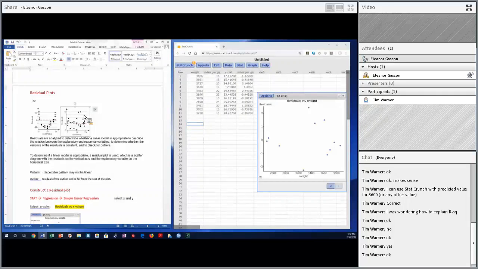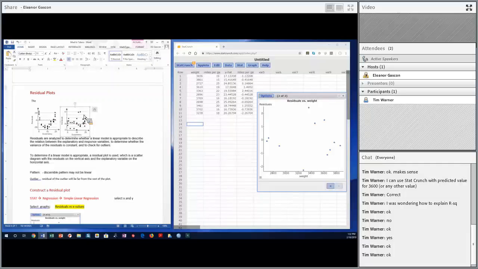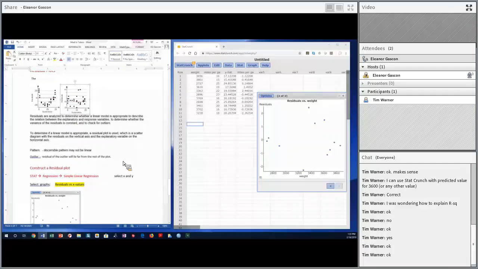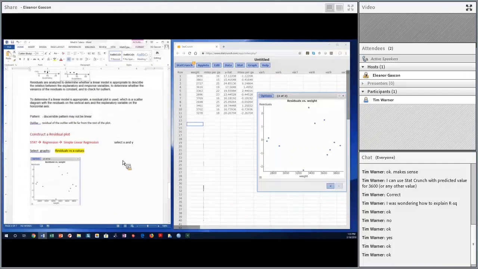If there are outliers in the data, then there are also outliers in the residuals, and that tells you to look deeper into what's going on, because you're not done. So those are the things you're looking for: a discernible pattern, which means it may not be linear, and residual outliers that fall far from the rest, which is another red flag to look at this more cautiously.